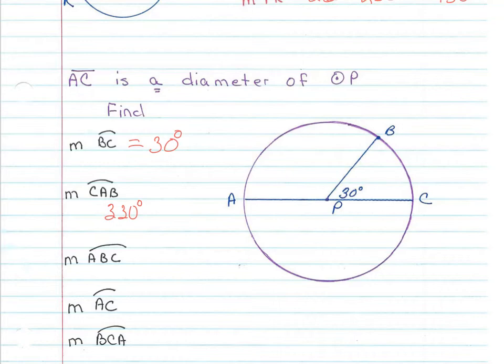All right, what about the measure of arc ABC? Darby? 180 degrees. And the measure of arc AC, Kason? 180. What's the difference between those two arcs? If they're both 180 degrees, why use 3 letters in one and 2 letters in the other?